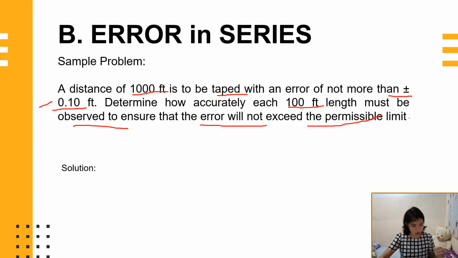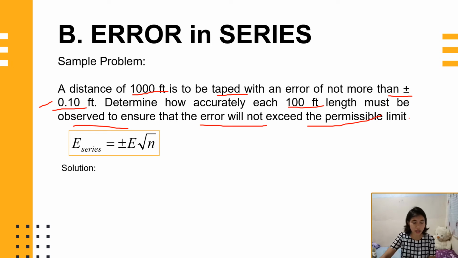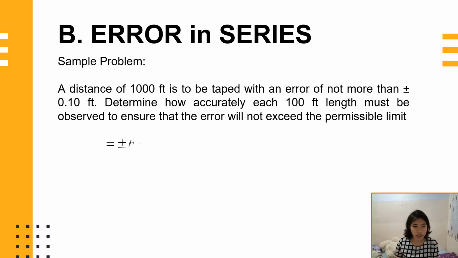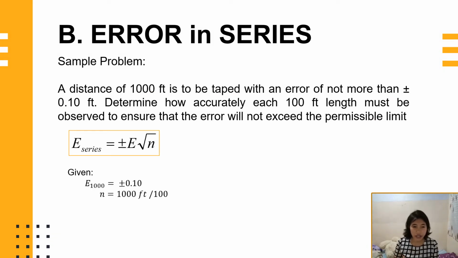So, upon measuring 100 feet, ano dapat yung ating error per 100 feet? Ito yung ating sasagutin. If we're going to solve this one, again, we're going to use the error, plus minus the error per observation, times the square root of n. We have here the formula. So, the given will be yung ating error ng series, or which means yung error ng ating 1,000 feet na line, which is equivalent to plus minus 0.10.